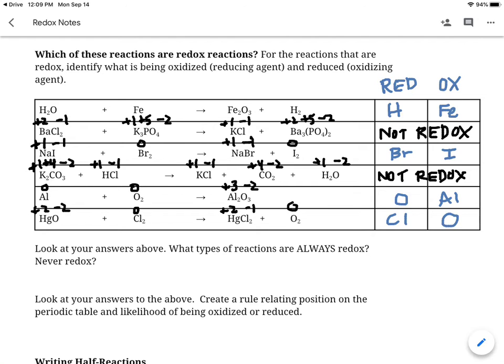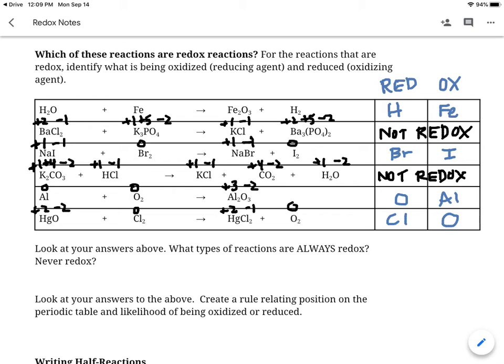After you've compared your answers, I'd like you to answer the 2 questions that are below this chart. So first, look at the types of reactions that you learned in your first year chemistry class, and look at the reactions that you have here, and try to create a rule for yourself. What types of reactions will always be redox reactions?